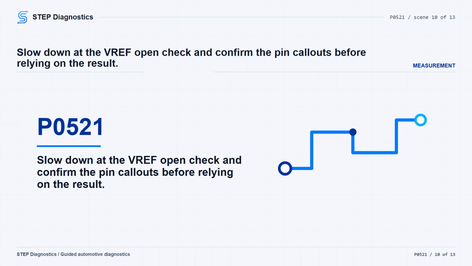If no voltage is present, key off and check the VREF circuit for an open using the pin-to-pin check from C1652 pin 3 to C1233E pin 117. There is an engine label conflict at this point in the path, so pause, recheck the earlier diagnostic path, and avoid guessing before relying on that pin-to-pin check. If the resistance is less than 3 ohms, continue. If it is not less than 3 ohms, repair the circuit.